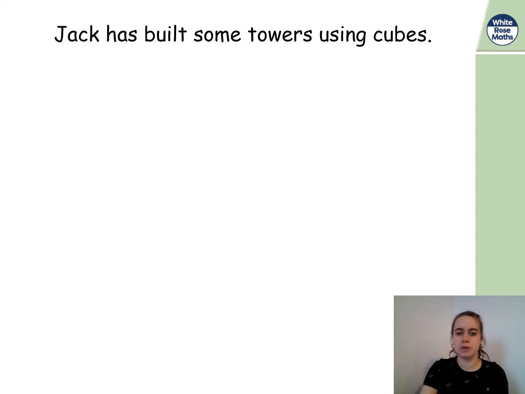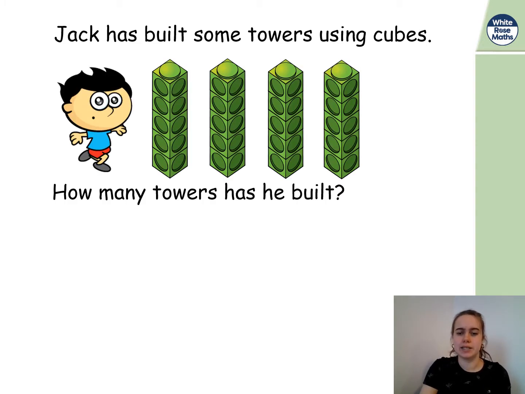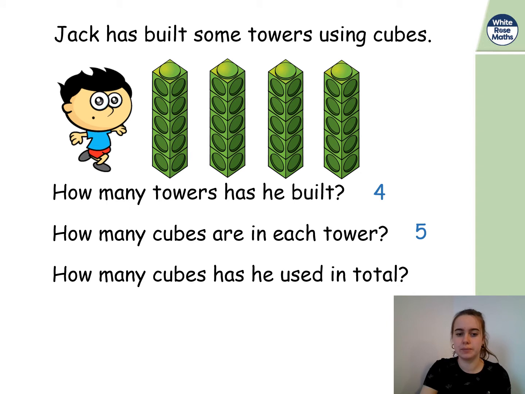So Jack has built some towers using cubes. How many towers has he built? That's right, there are 4 towers. How many cubes are in each tower? 5 cubes in each tower.